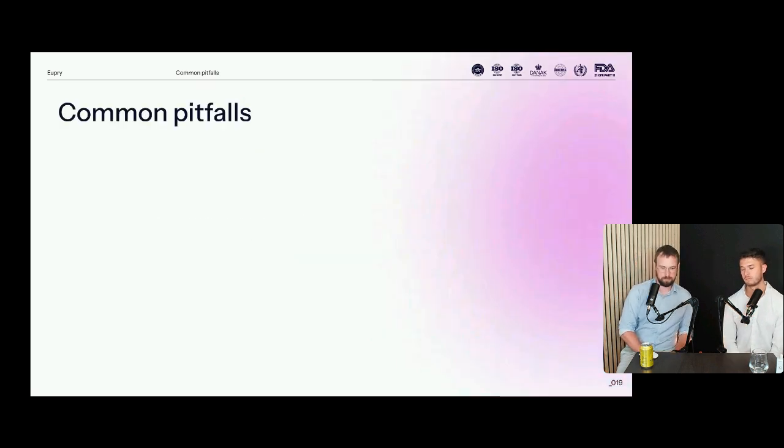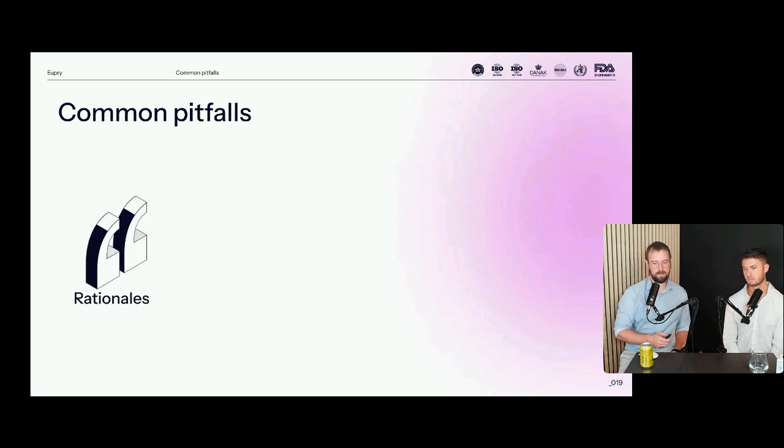Going forward here, first of all is having the right rationales. Basically, your risk assessments. We see a lot of times that people get notifications from auditors because our clients have performed risk assessments, but have not described well enough what was the rationale behind choosing a specific methodology.